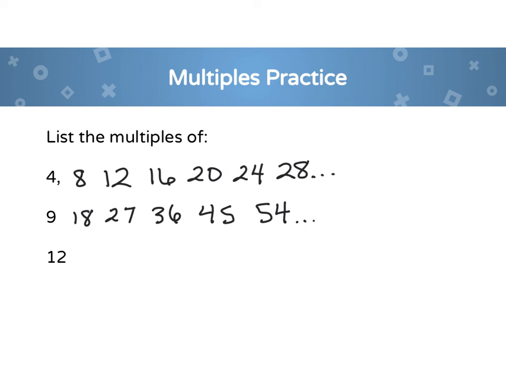They are just adding 12 more, 12 times 2, 12 times 3. Skip counting by 12, so we have 24, and 36, and 48, and 60, and so on to infinity.